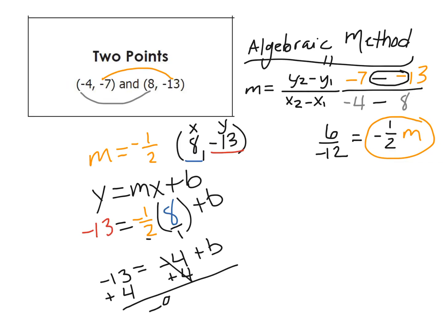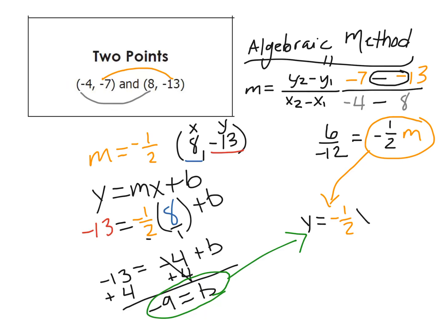And that will give me -9 equals b, which is my y-intercept. So now I take my y-intercept, I take my slope, and I'm going to plug them all in to y equals -1/2 x minus 9.